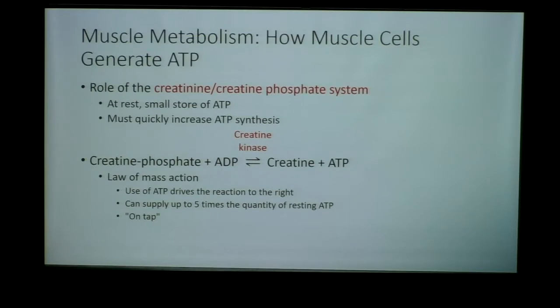So creatine is like a backup battery charger. If you have one of those for your phone that you walk around with, that's kind of what this system is. It's this phosphate on creatine, sort of as a placeholder for times when we really need a quick transient source of energy while the other more sustainable processes get warmed up, okay? Now, the law of mass action means that if there's lots of ATP in the muscle cell, we don't need this process. And so the reaction takes place in the backward direction, okay?